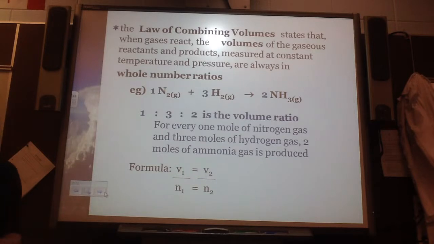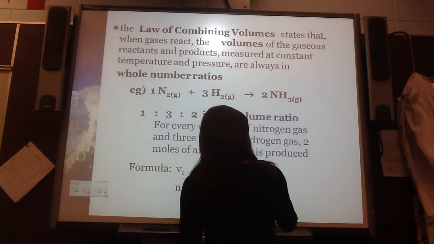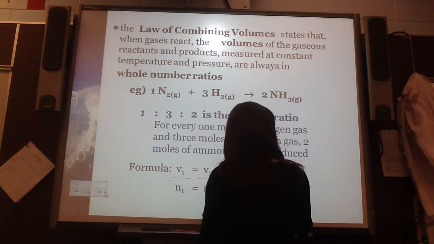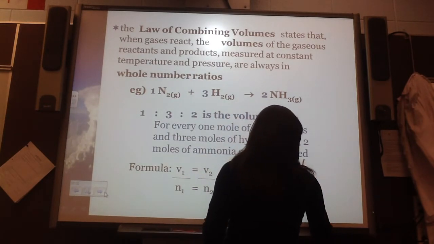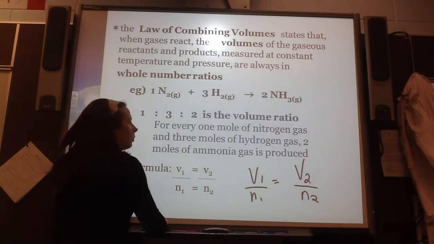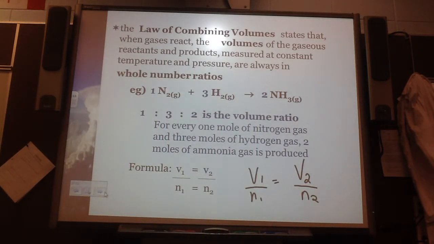So the formula that we use is V1 over N1, N meaning moles, is equal to V2 over N2. So you could write it like this. You don't have to have 2 equal signs there. Okay, that's our ratio.